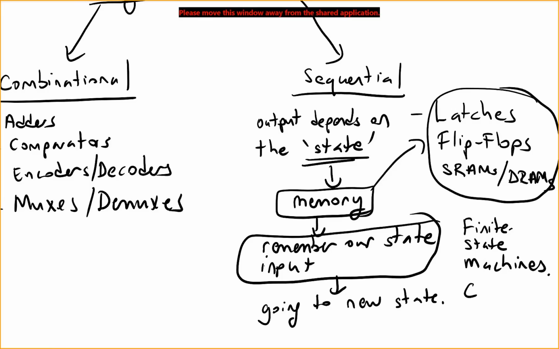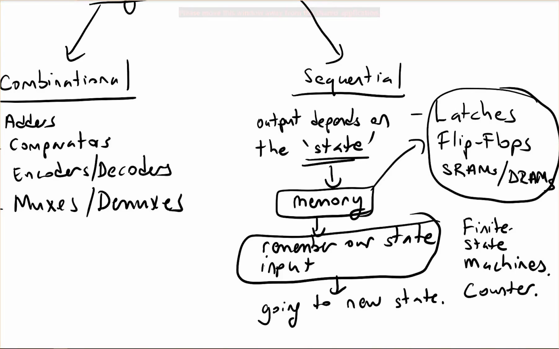A simple finite state machine is, for example, a counter, okay? In the counter you have a state. Let's say you are starting from state 0, then you increase it, you become state 1, then state 2, 3, 4, etc. So you are counting, changing your states. But while you are changing your states, what are you doing?